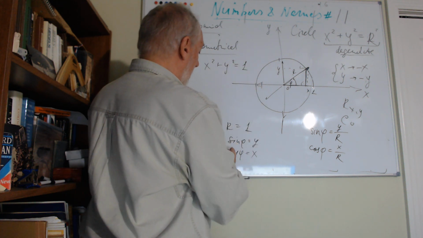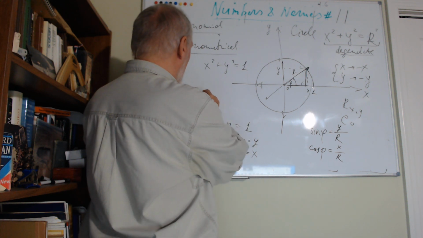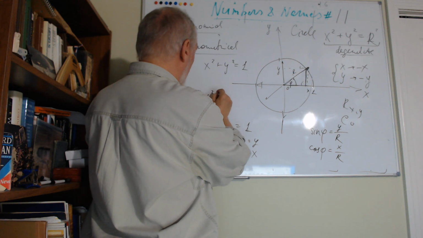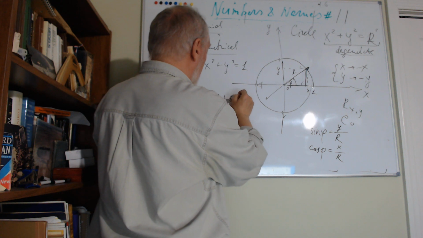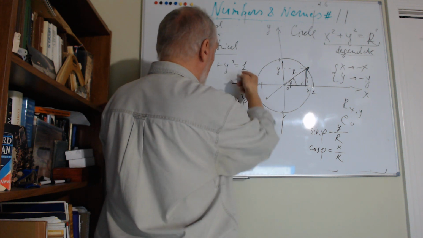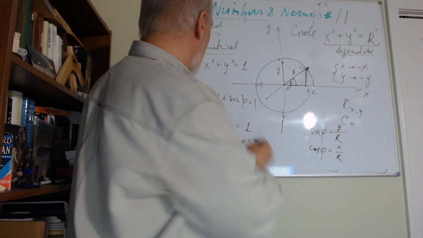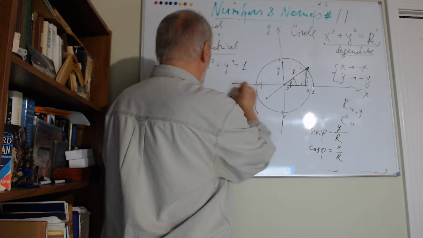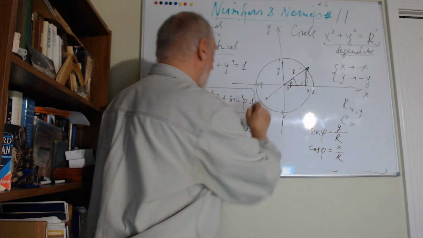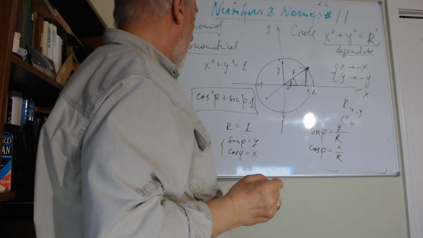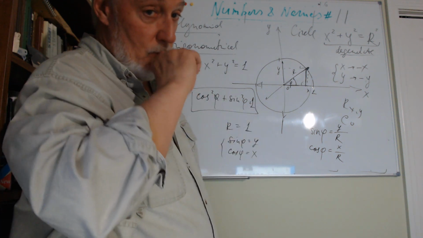And x is cosine, so we have cosine squared phi plus sine squared phi equals 1. We just put y and x from here. This is the main formula of trigonometry: cosine squared plus sine squared equals 1, always.